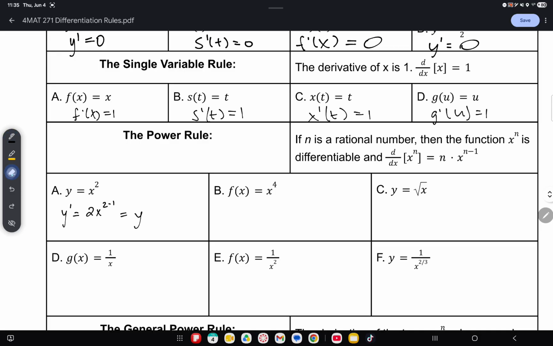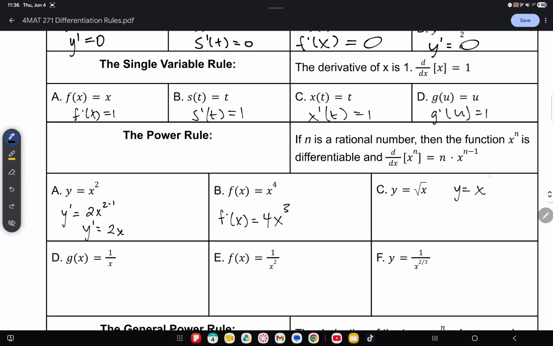So y prime is 2x to the first power. Right? f prime, bring the 4 out, multiply, and then subtract 1 from the power. So 4x cubed.